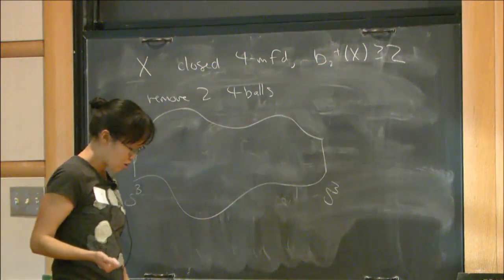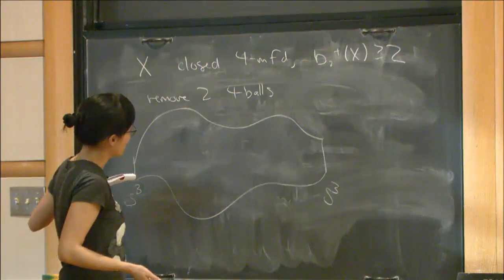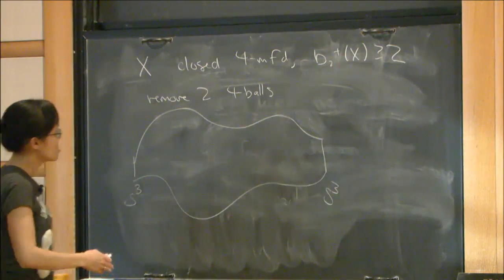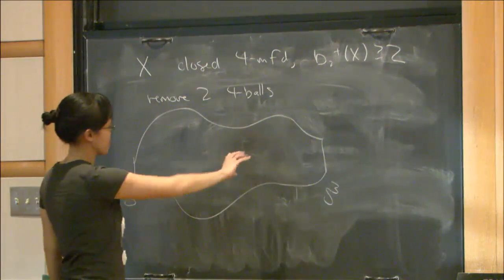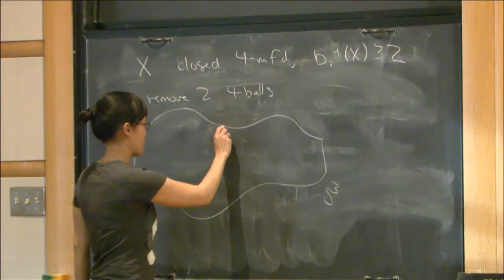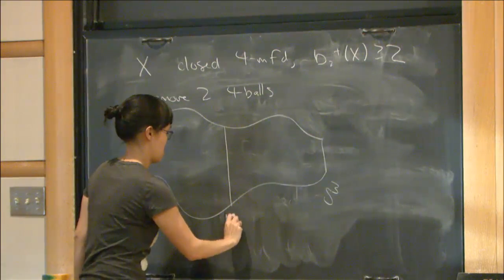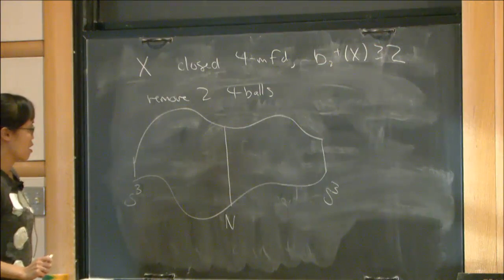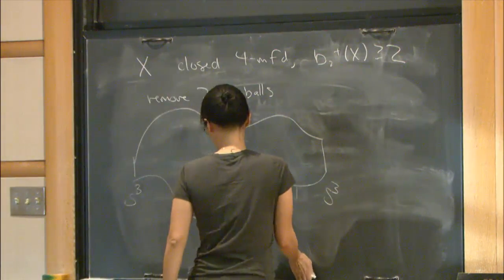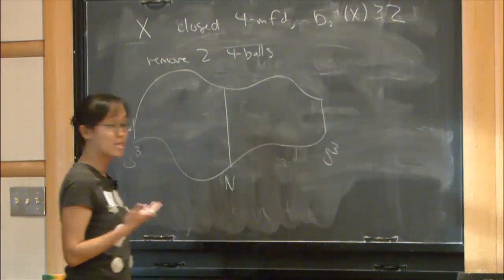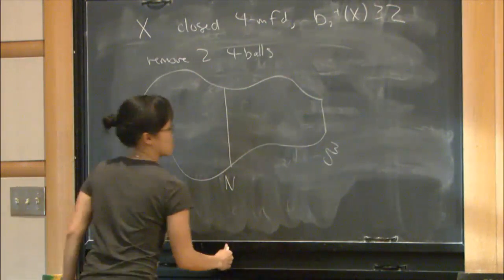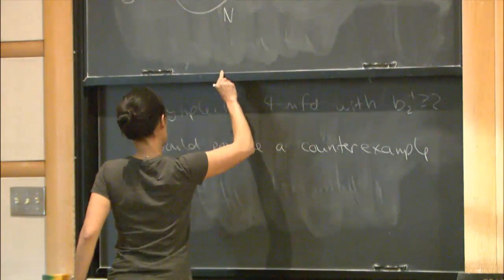Well, we're going to have to do a little bit more. We have this cobordism, and we're going to cut it along some three-manifold N. We want N to be an admissible cut, and let me tell you what that means.